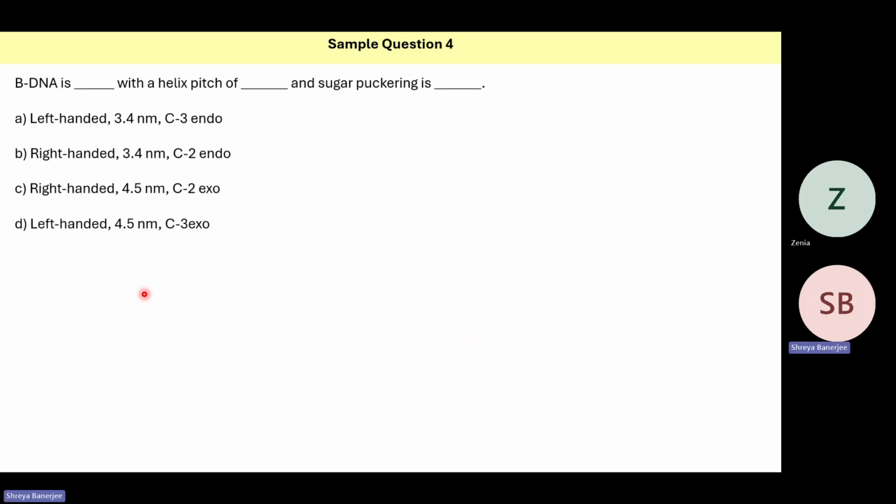The next question is about B DNA. What is the handedness of the helix? What is the pitch? And what is the sugar puckering?